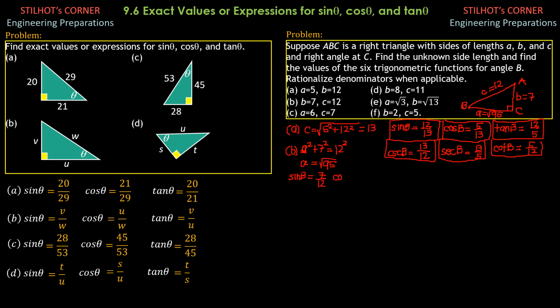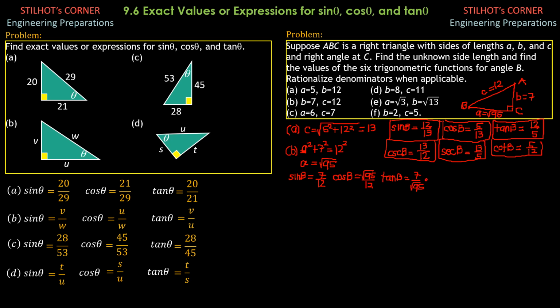Cosine of B is adjacent side square root of 95 over hypotenuse 12. Tangent of B is opposite 7 over adjacent square root of 95.